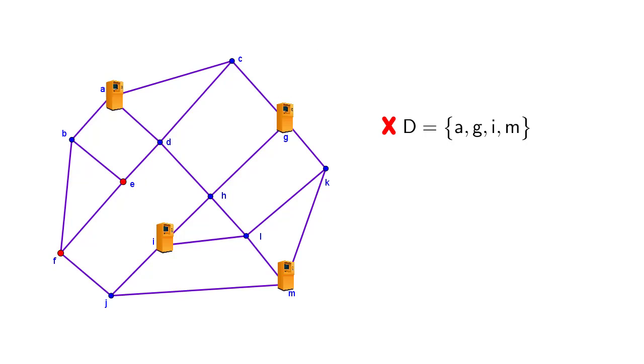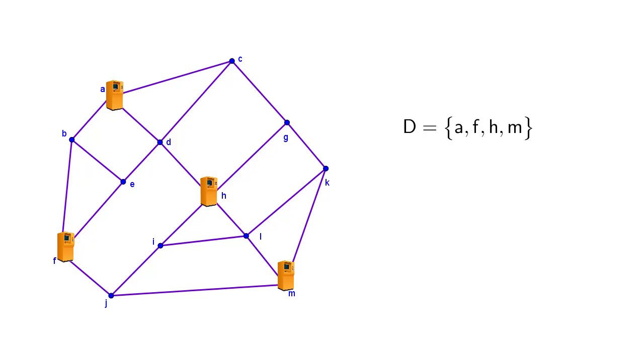Consequently, this set fails to dominate vertices E and F. We may provide several sets as examples of dominating sets, like this, or for example this.